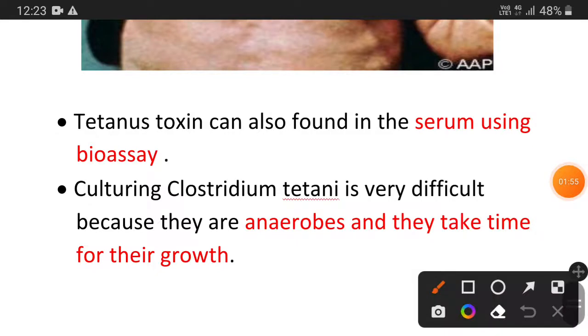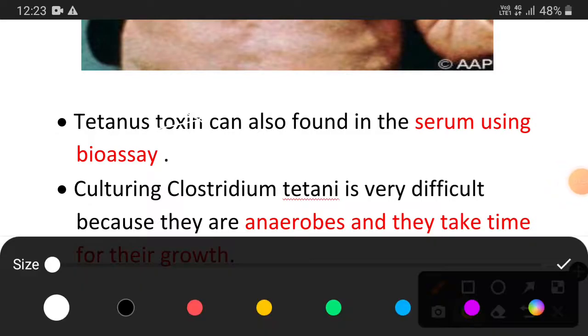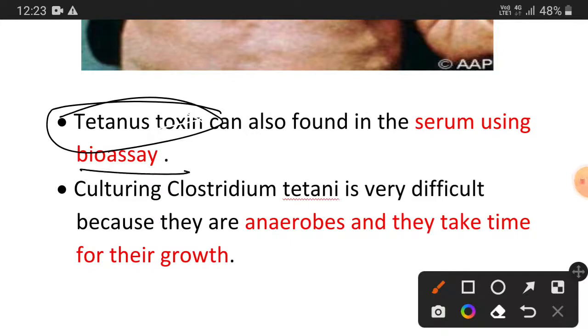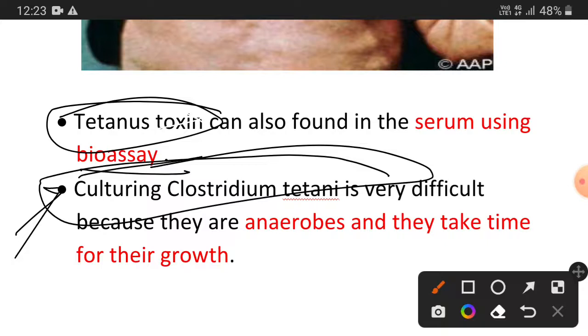You can also find tetanus toxin in serum, and that can be easily detected with the help of an immunoassay or bioassay, for example an ELISA test, okay. And culturing Clostridium tetani becomes very difficult, because I told you in the very first video that Clostridium tetani is an anaerobe, right?